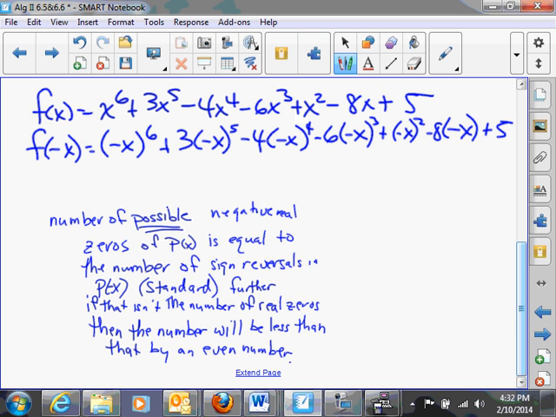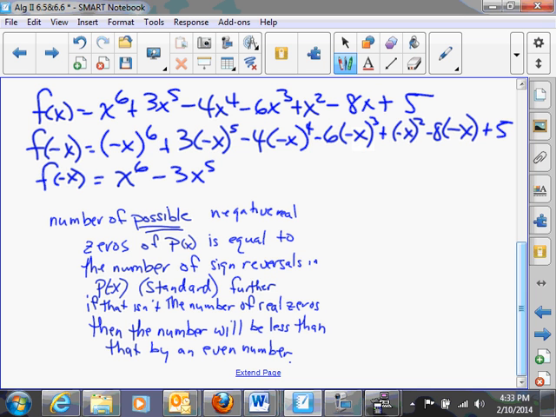Okay. Now, let's do some simplifying. When we raise the opposite of x to the 6th, we just get x to the 6th, because if we multiply a negative by itself 6 times, it becomes positive. But the opposite of x to the 5th becomes negative 3x to the 5th.